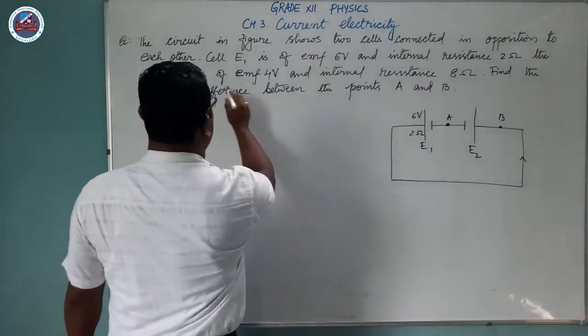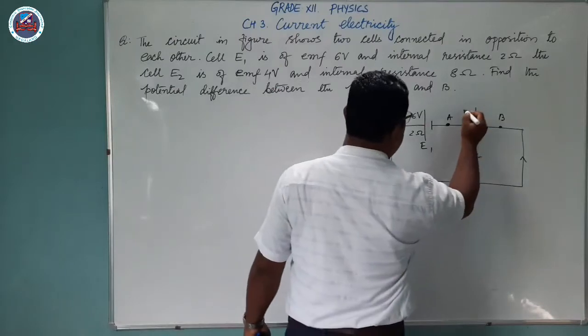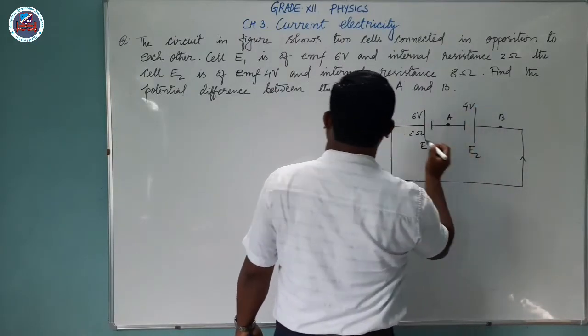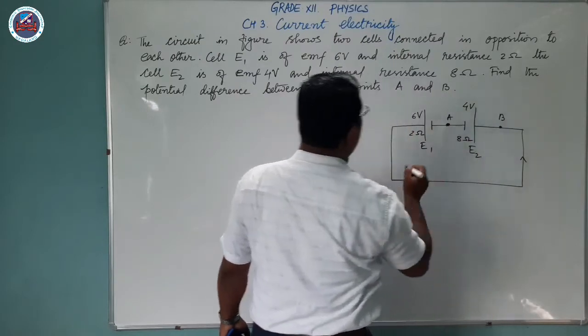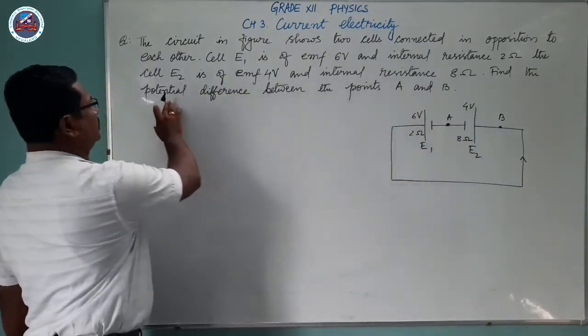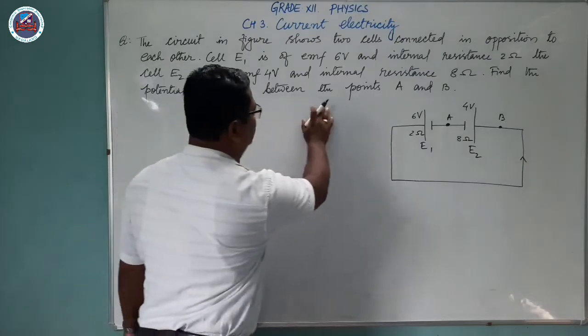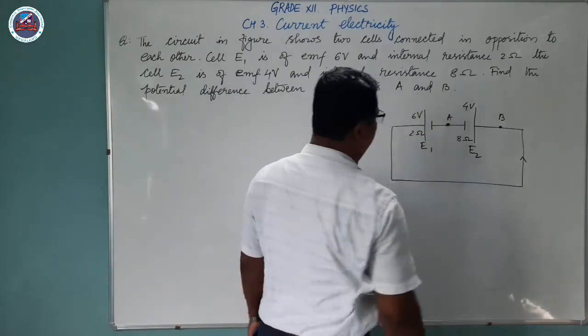The cell E2 is of EMF 4 volt and internal resistance 8 ohm. Find the potential difference between the points A and B.